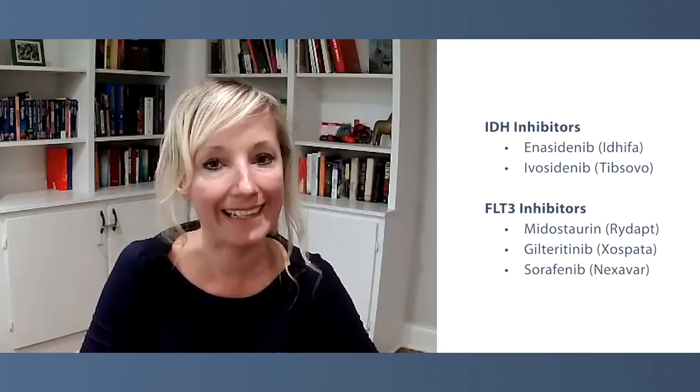And the second class is what I would call a targeted inhibitor. And here we can look at two different aspects. We have target inhibitors for specific DNA mutations that are found. And specifically, these are called IDH or FLT3 mutations. And these are pill forms that are usually by now combined with a third drug class, which is called hypomethylating agents, that I will go through in a moment.